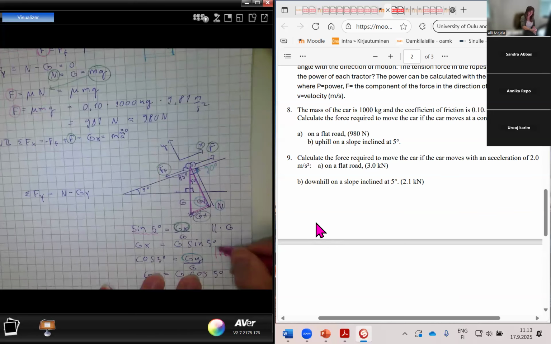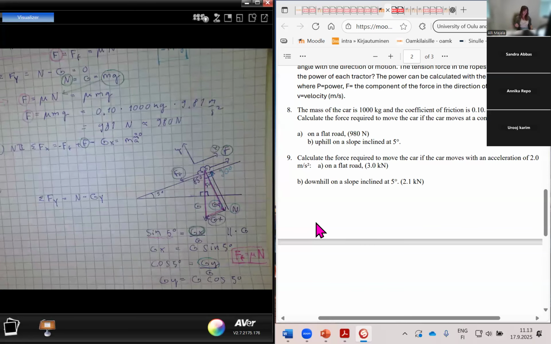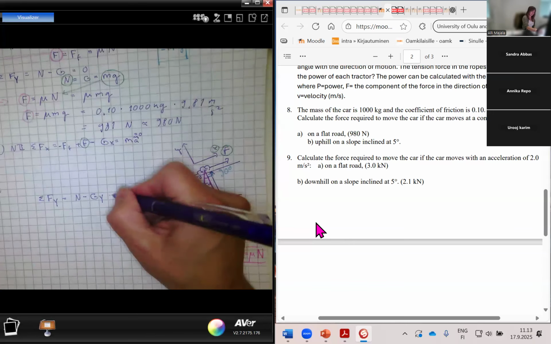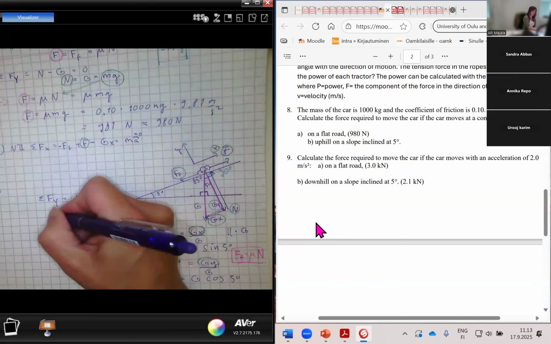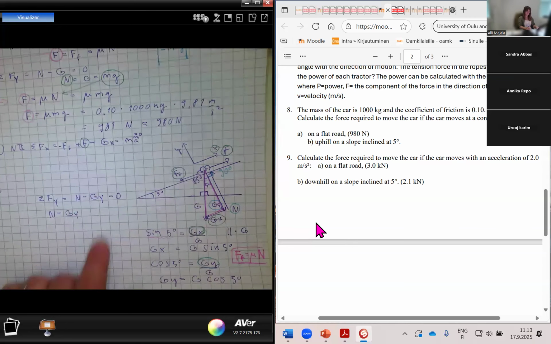This is also something that I always need in this kind of calculation. So now you can continue the way you want. For example, you know that there was no motion in this direction, so this is 0, and you know also that the N is the gy. And gy you already calculated.